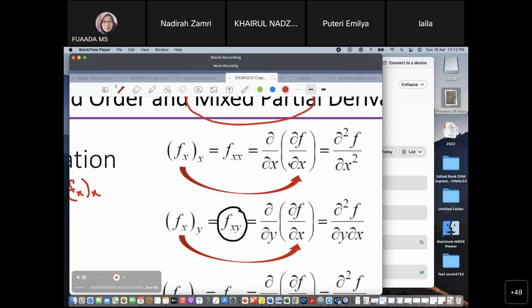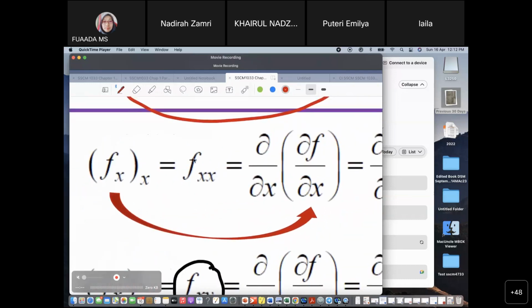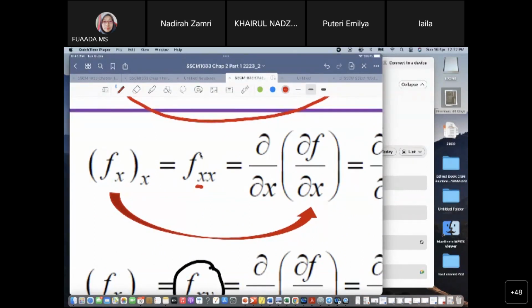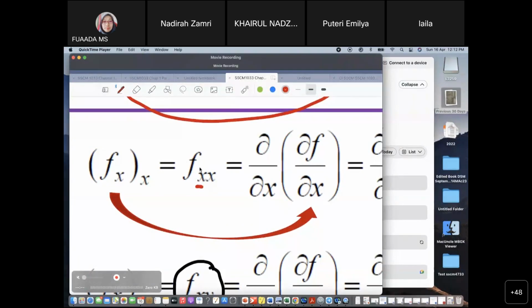So if you use this form, the first left tells you the first derivative that you obtain. Kalau kat sini you tengok x yang paling kiri lah, the first left. So you differentiate x dulu.